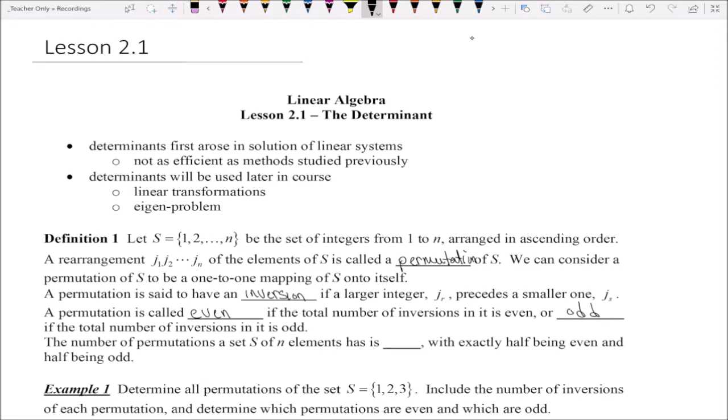The number of permutations a set S of n elements has is 2 to the n, with exactly half of them being even and the other half being odd. So if we look at a set of 4 elements, it will have 2 to the 4th, which is 16 permutations. 8 of them will be even, and 8 of them will be odd.